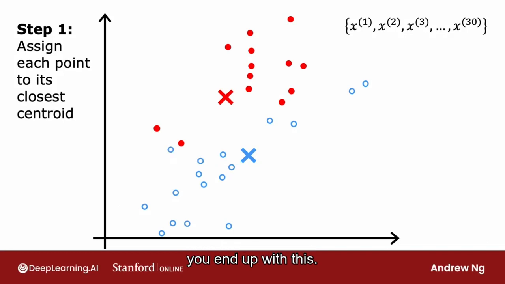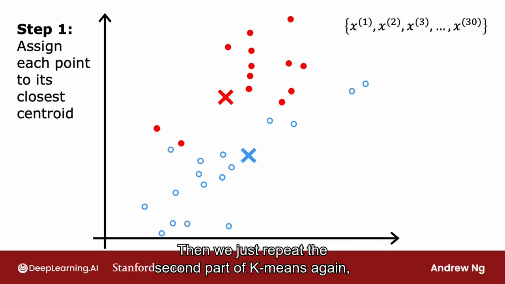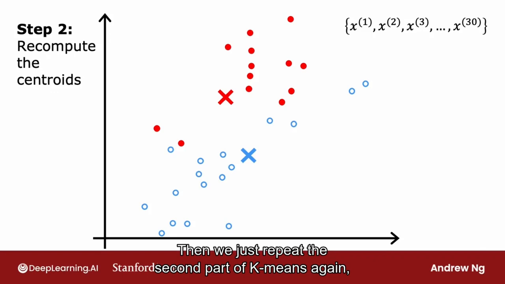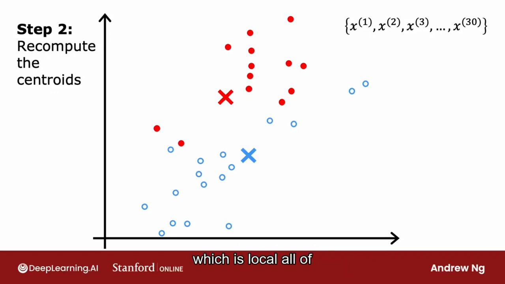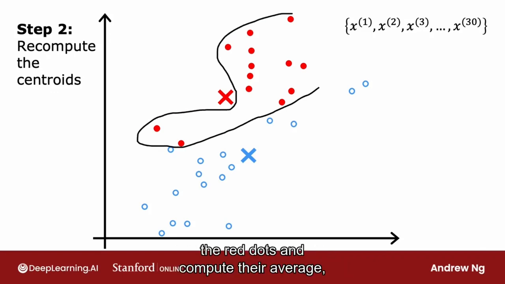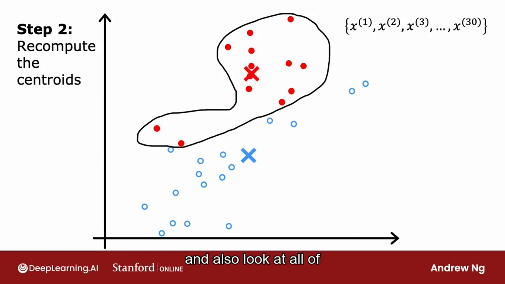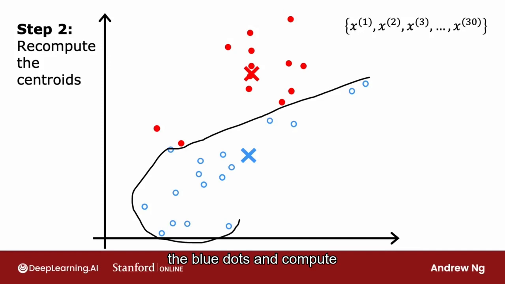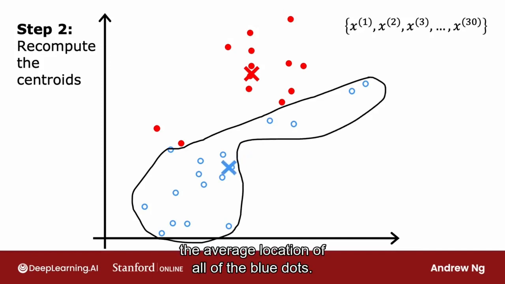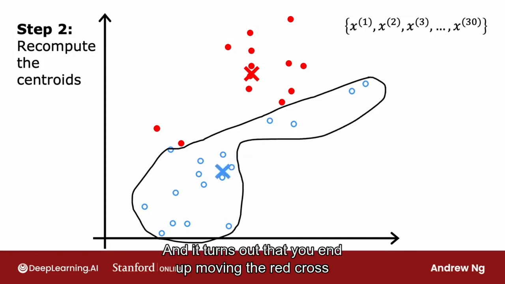And then we just repeat the second part of K-means again, which is look at all of the red dots and compute the average. And also look at all of the blue dots and compute the average location of all of the blue dots. And it turns out that you end up moving the red cross over there and the blue cross over here.